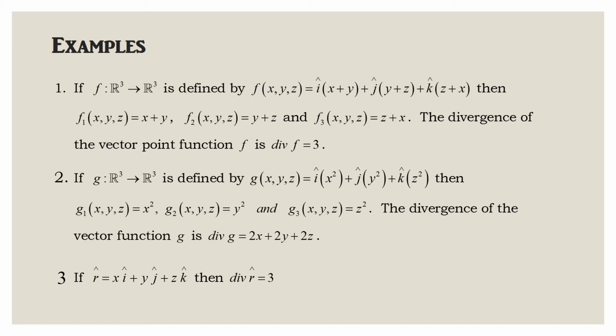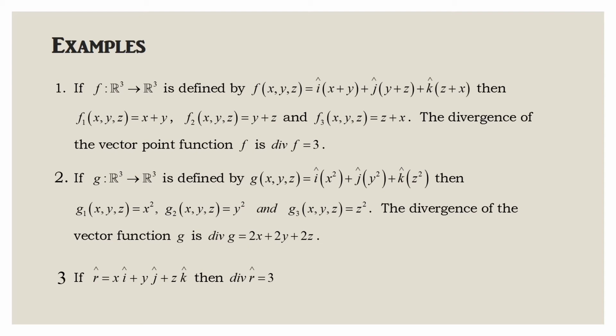Let us switch over to the second example. In the second example, a vector field g from R3 to R3 is defined by g of x, y, z equals x square i cap plus y square j cap plus z square k cap.